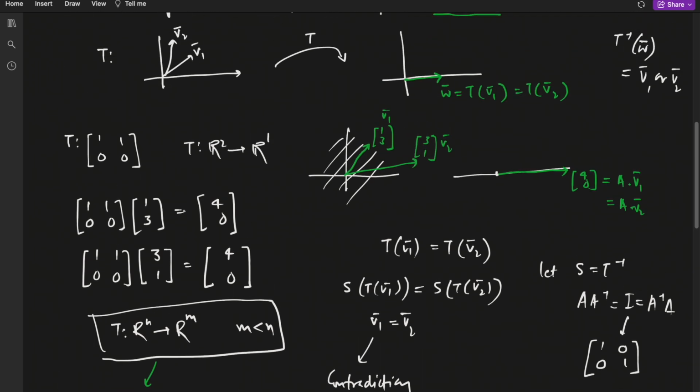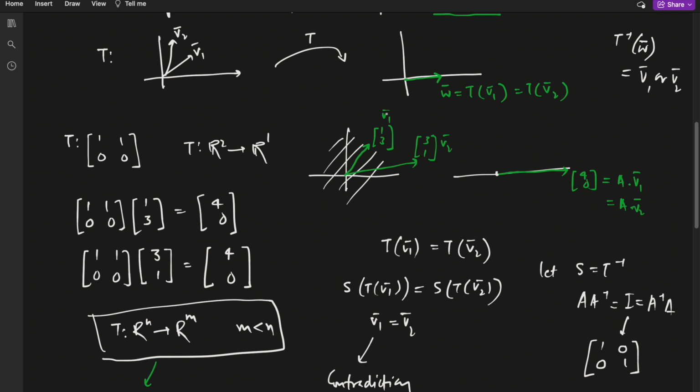Because if you are moving from R2 to R1, then R2 has more vectors as compared to R1, right? Although both R2 and R1 have infinitely many vectors, R2 has comparatively more vectors because it's a bigger space. So if you are transforming from a bigger space which has more vectors to a space which has fewer vectors, then it is sure that many vectors are getting mapped to the same vector, right? So in this case, a line of vectors will be mapped to 4 comma 0.